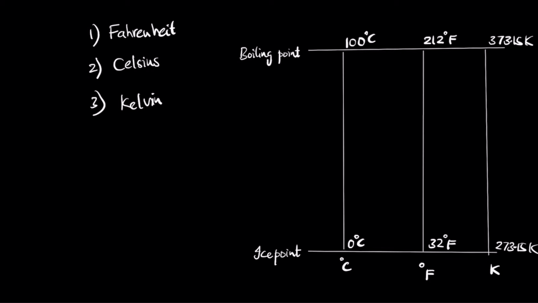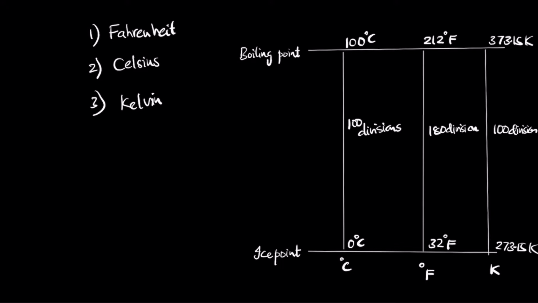Notice that the ice point and boiling point are divided by 100 divisions on the Celsius scale, and the Fahrenheit scale is divided by 180 divisions, and the Kelvin scale is also divided by 100 divisions.